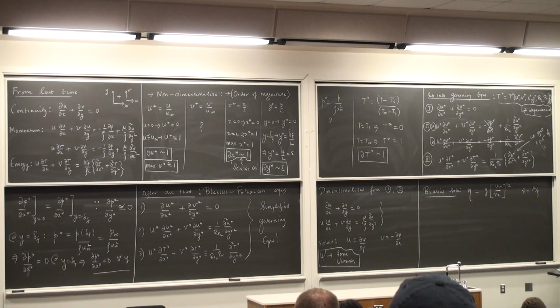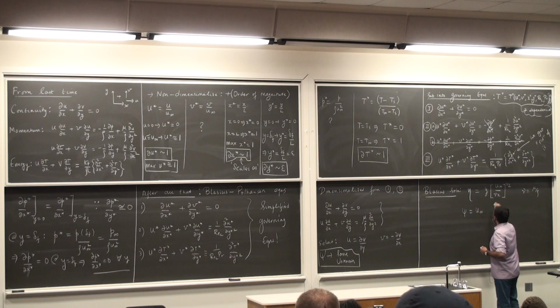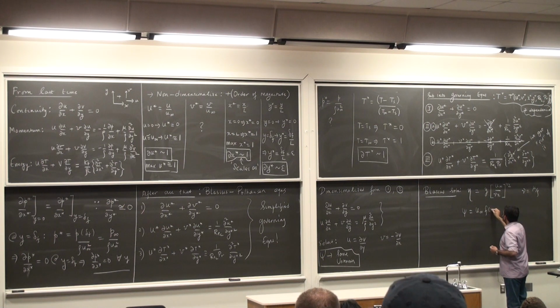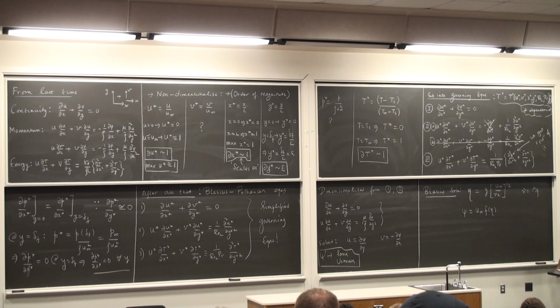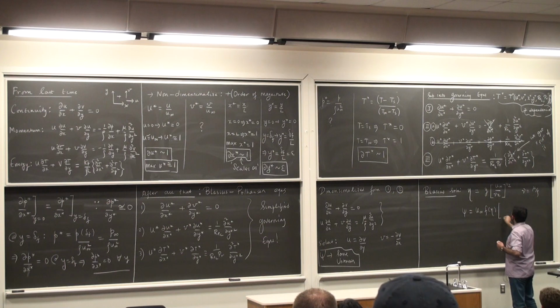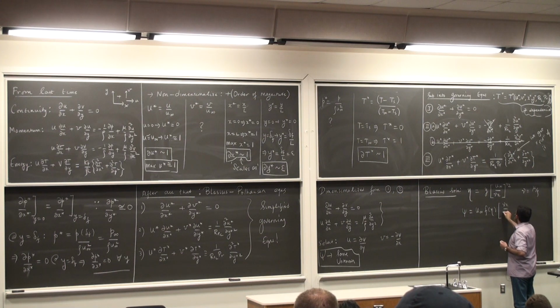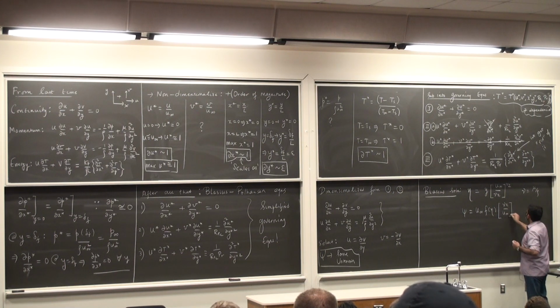mu by rho, and then psi is u infinity times some unknown function f of eta, which is what you're trying to solve for. So this is essentially a change of variables that one performs.